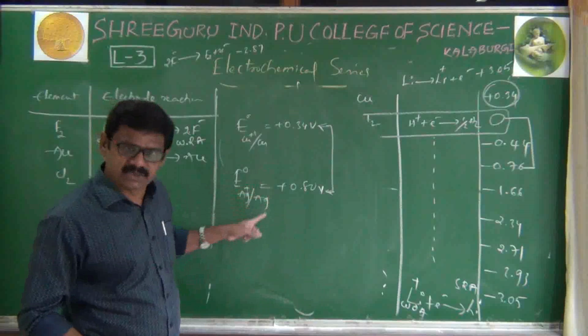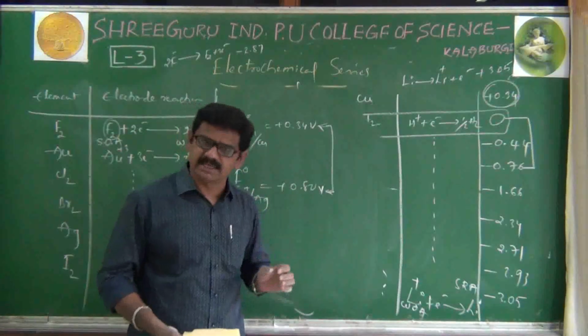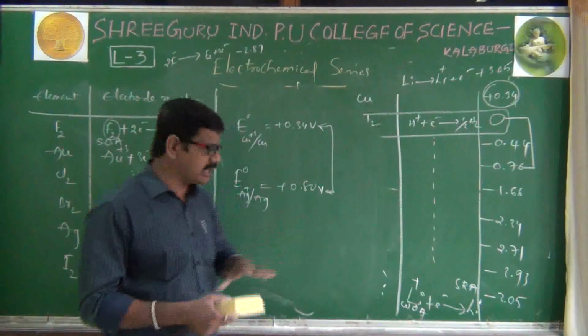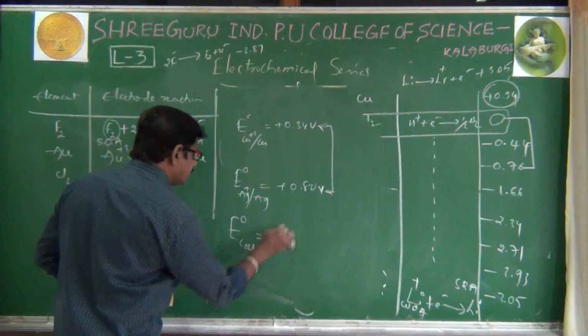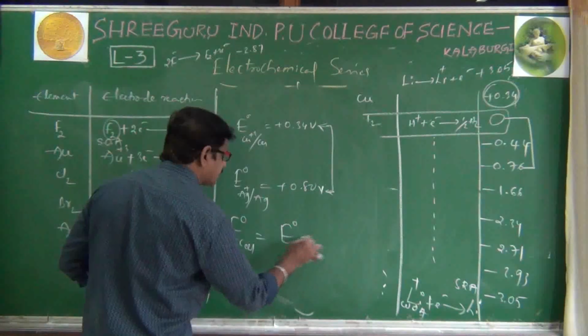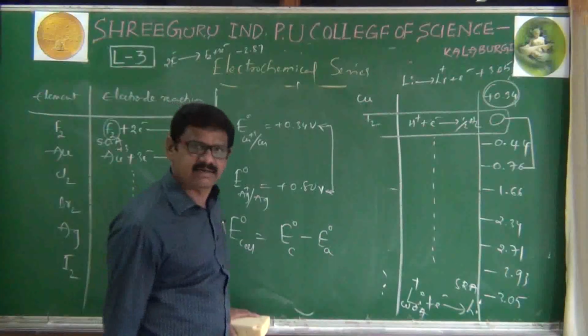When both electrodes are connected to each other, again cell potential will definitely be generated. How much potential is generated we have to calculate. Again we have a formula: E naught cell is equal to E naught cathode minus E naught anode, or E naught right minus E naught left.